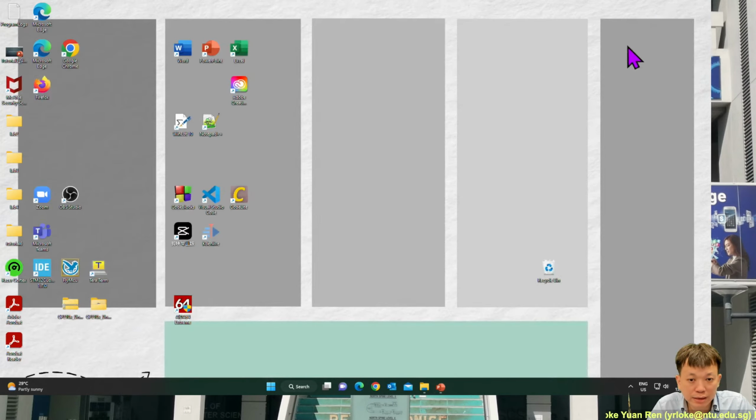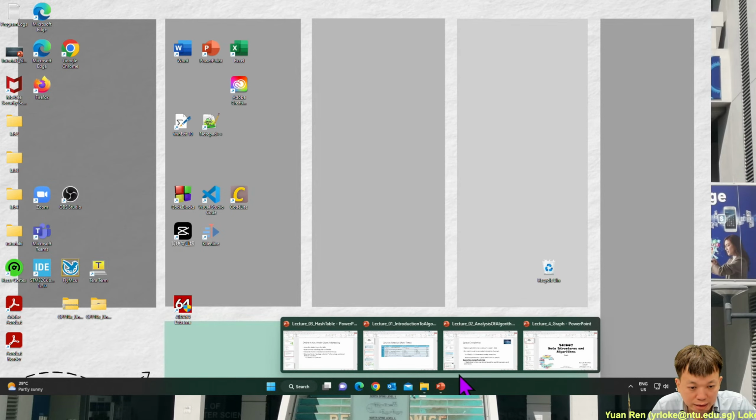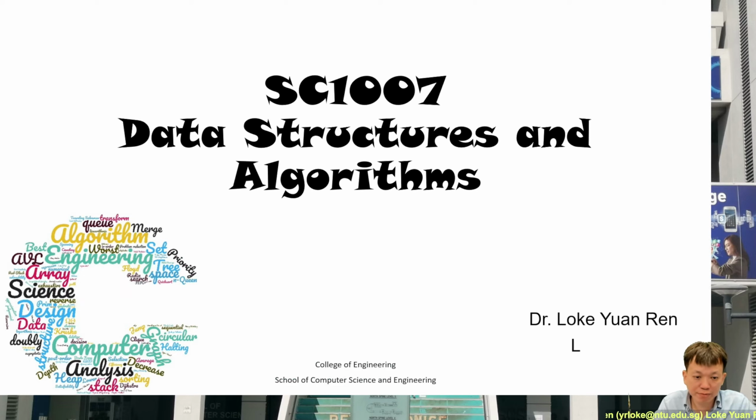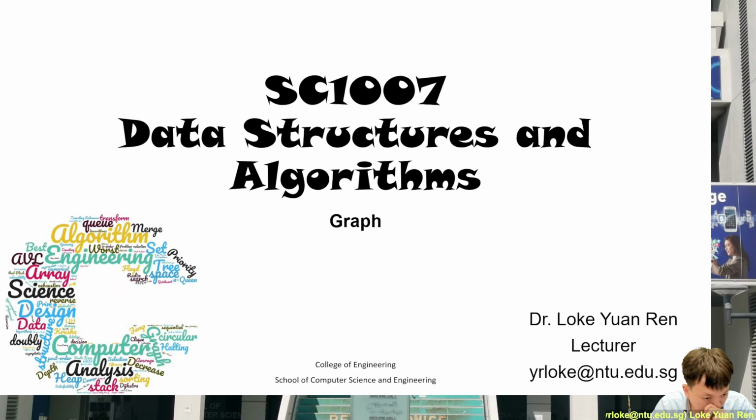And then, okay, back to today's topic, the graph. Today I will cover the graph and how to represent the graph. You will find that with a graph, unlike a binary tree or a linked list, you can't really store the whole graph in the program the way you see it as a graph.